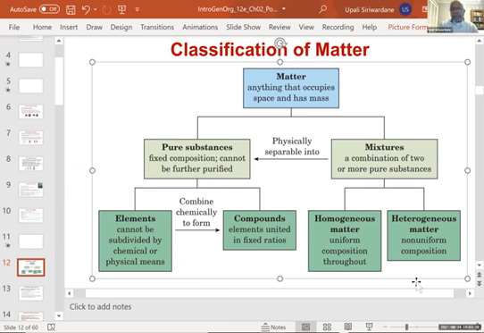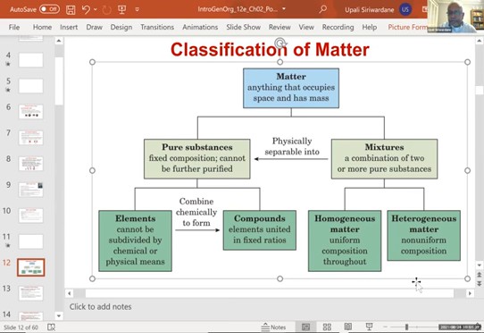It could be more than two, so therefore they are very complex. Homogeneous means the composition is uniform throughout. That means every part of the sample, like in a salt solution, has the same composition.